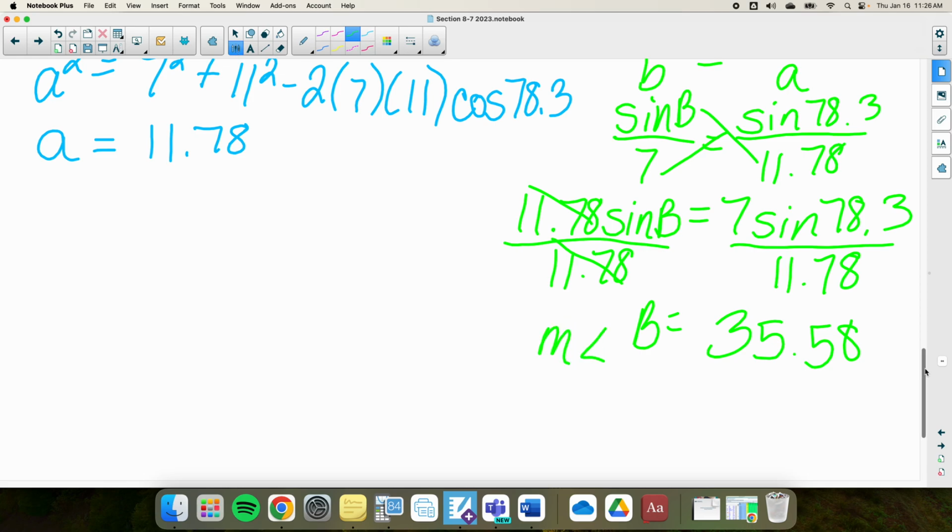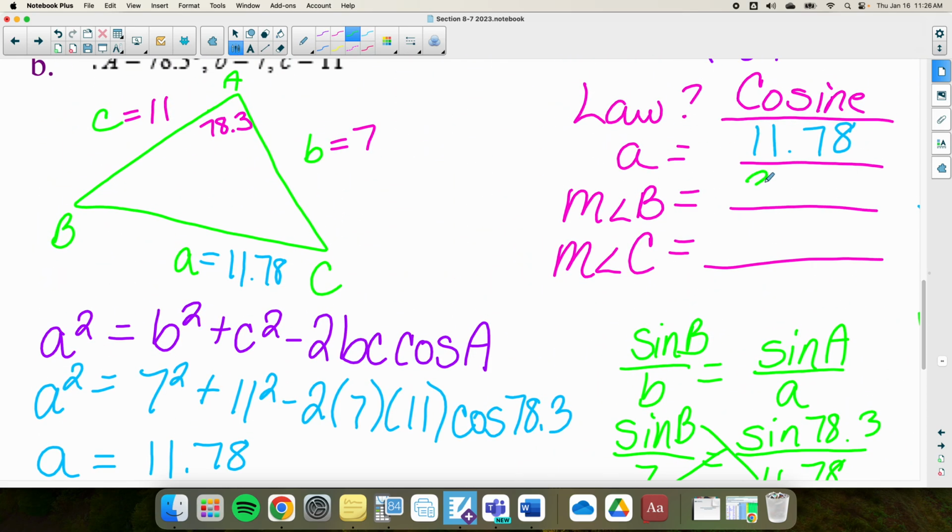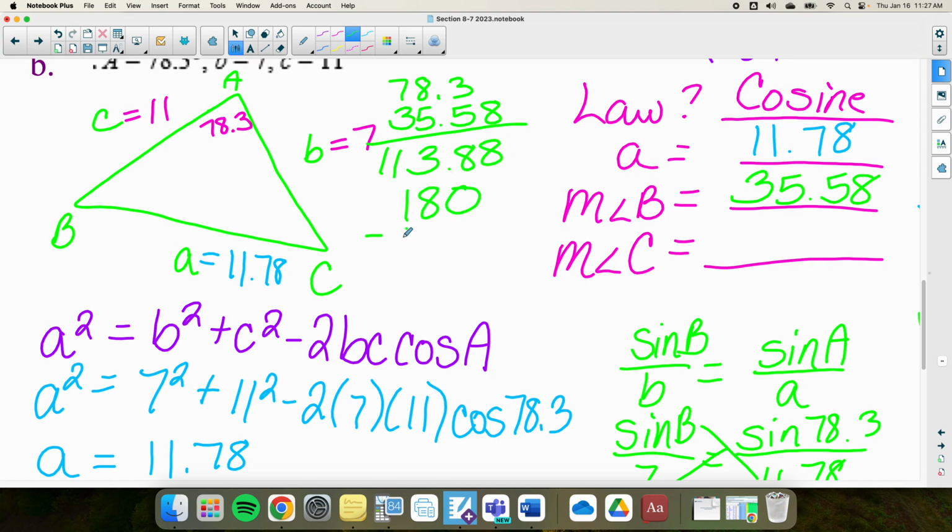And then if I know angle B, is it easy to find angle C? Right? You would just add together 78.3 plus 35.58, which is, I believe, 113.88. And then if you subtract that from 180, did you get 66.12?